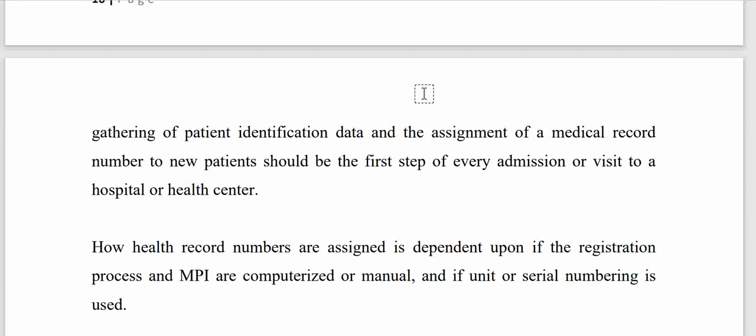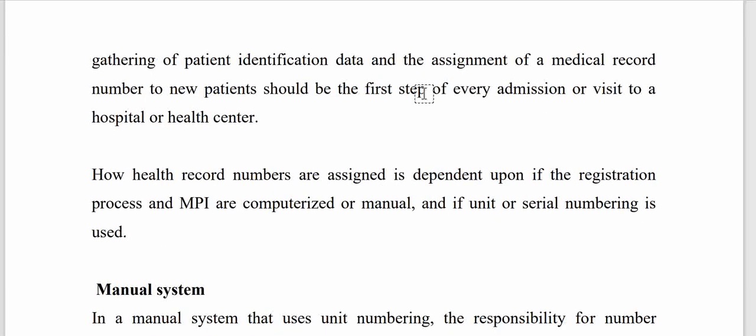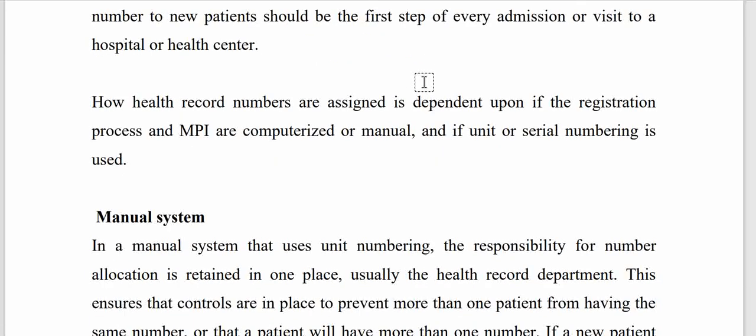All right. So the gathering of patients' identification data and assignment of the medical record number to new patients should be the first steps of every admission, of every visit or attendance to the hospital. And how health records numbers are assigned depends on whether the registration process or maybe the master patient index is computerized or maybe manual.